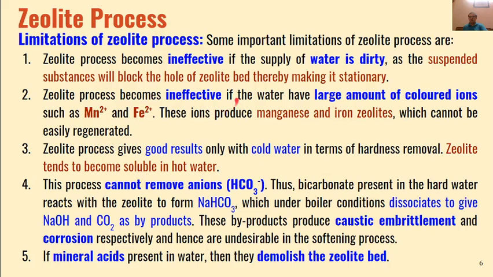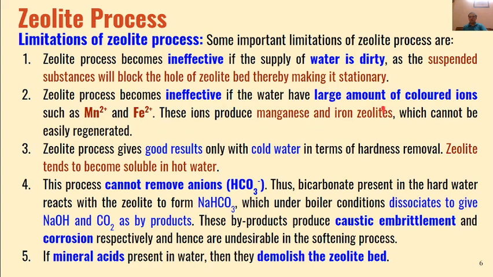Then this process can also become ineffective if we have a large amount of coloured ions like magnesium ions or iron ions. If these ions are exchanged with sodium, that means we will get manganese zeolite or iron zeolite.